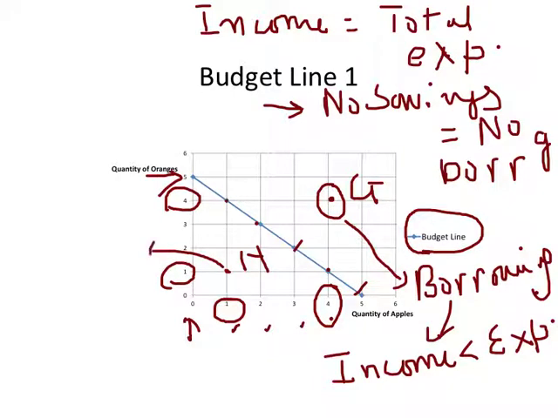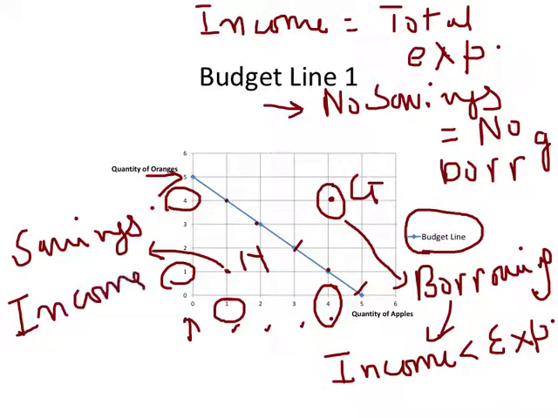So a point like H represents savings. And when do we save? When our income is greater than our expenditure on all goods and services.